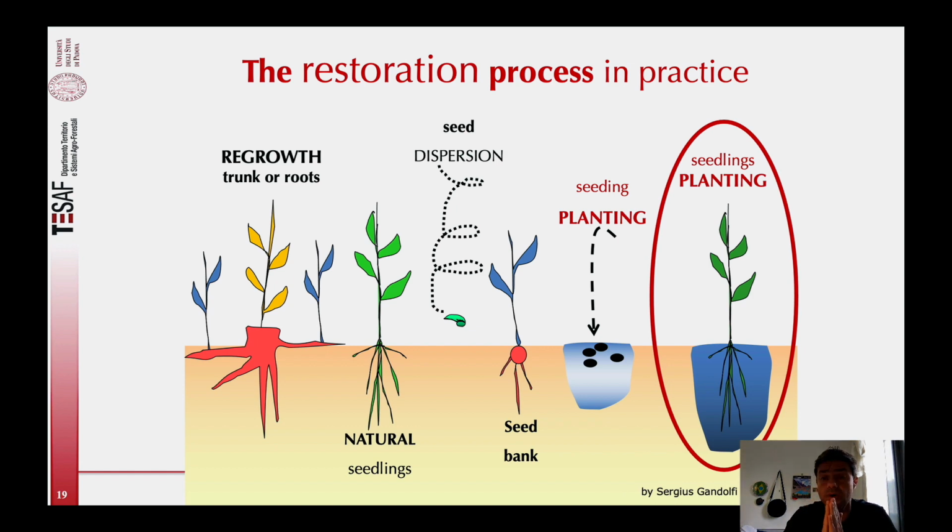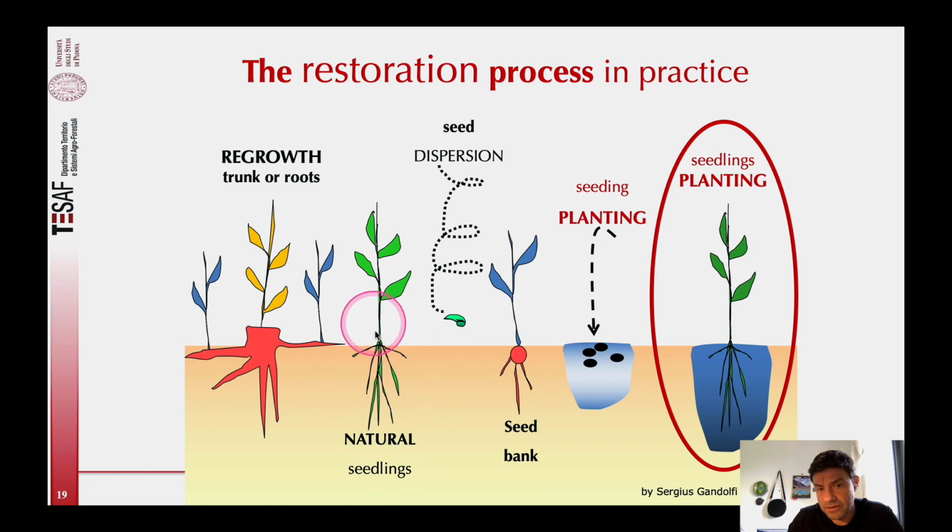Most people, when we talk about forest restoration, think about this strategy. So okay, if we are going to do restoration, we have to plant seedlings, but we can also plant the seeds. We can also count on the seed bank. We can revolve the soil to stimulate the emergence of seeds that are there, if there are some. We can also count on birds and bats to disperse seeds.